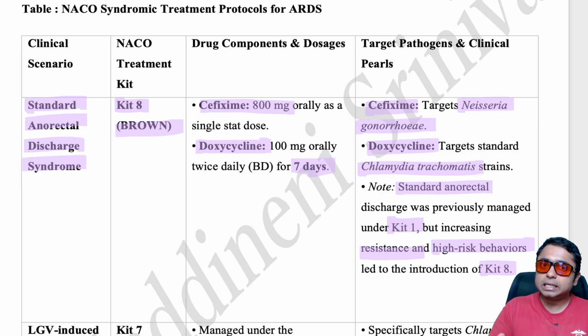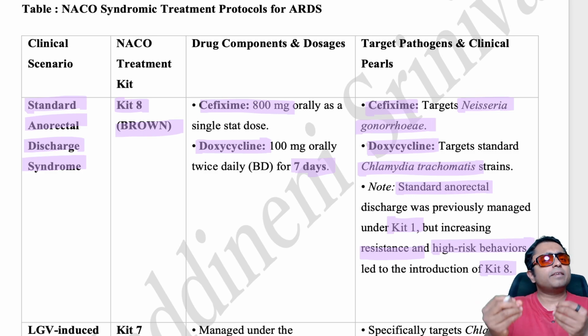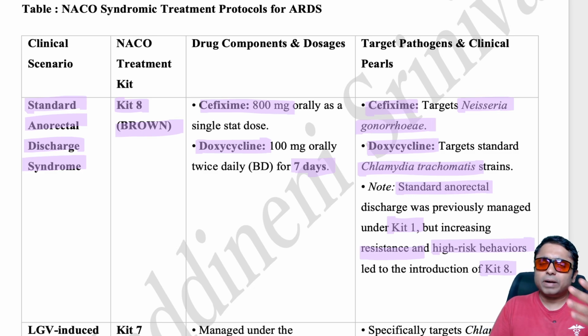So that is the reason why instead of giving the azithromycin as a stat dose, though compliance is very good with the medications being given as a stat dose, so the patient can take in front of the treating doctor as a single tablet. Okay, one tablet cefixime, one tablet azithromycin, done. Diagnosis and also treatment is done at the same time.